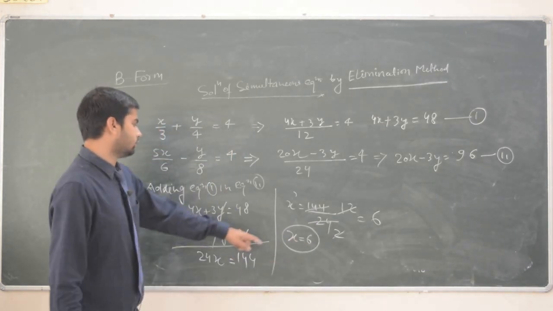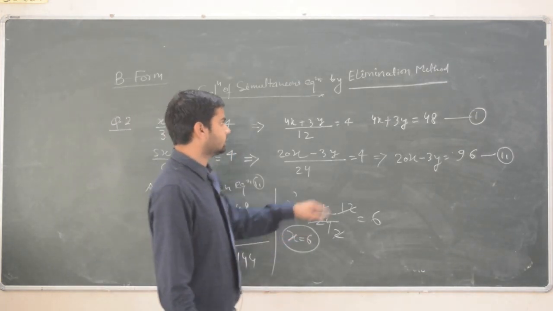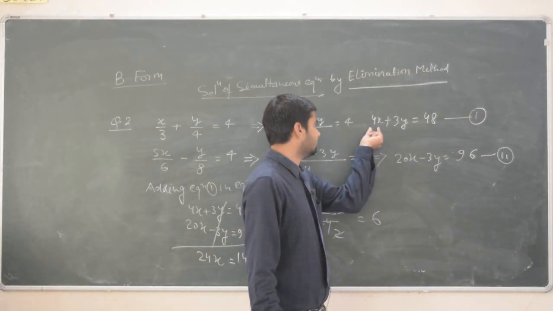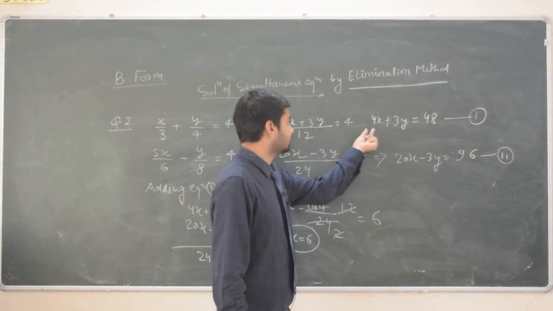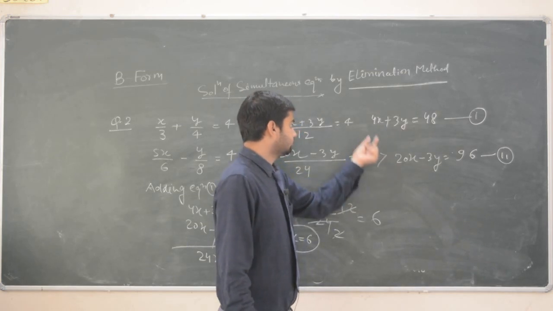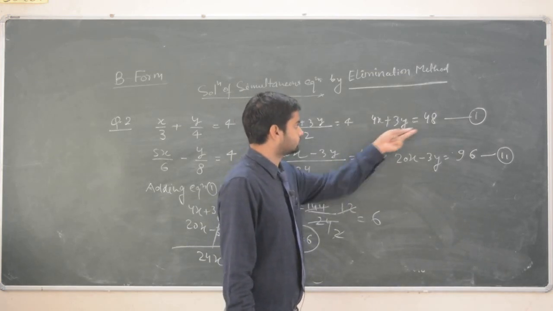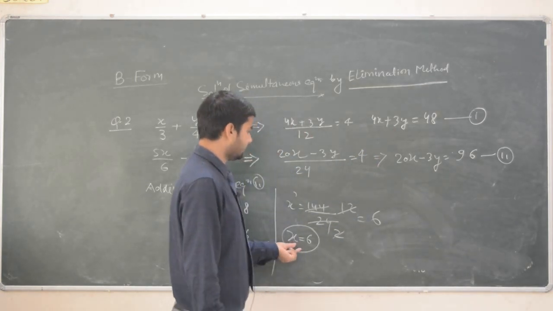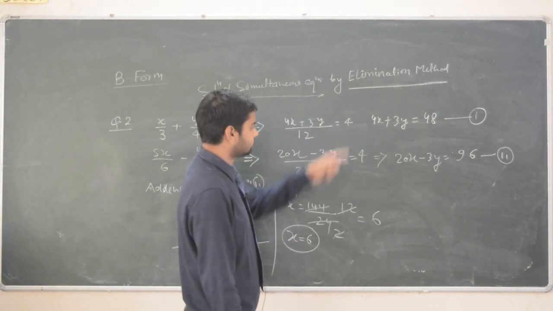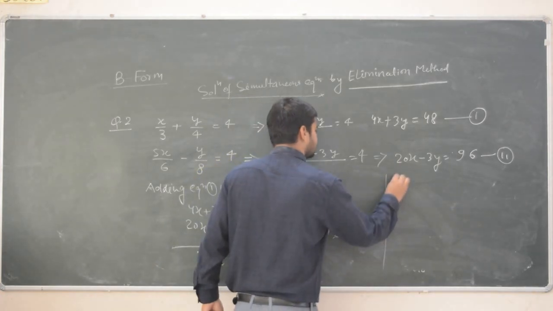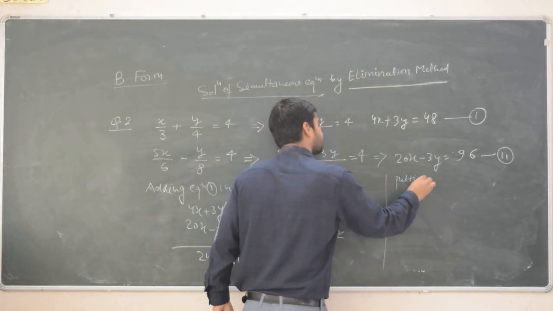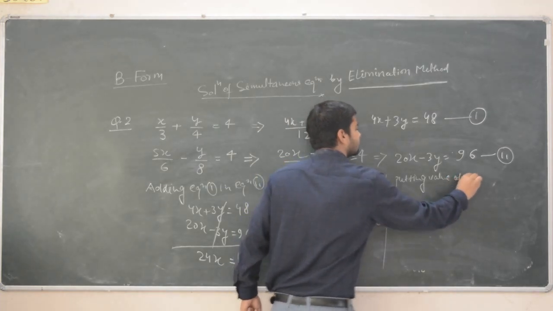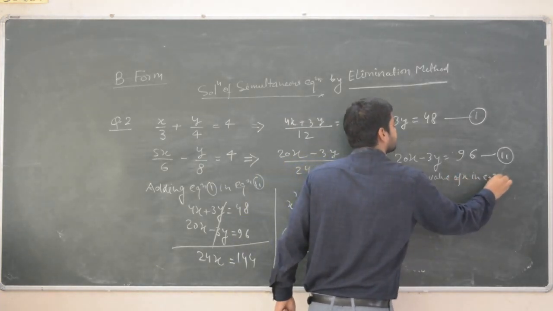Now put this value of x equal to 6 in either equation 1 or equation 2. Equation 1 has smaller integer factors, so it will be easier to solve equation 1 since it has smaller numbers. Okay, so I am putting the value of x equal to 6 in equation 1.